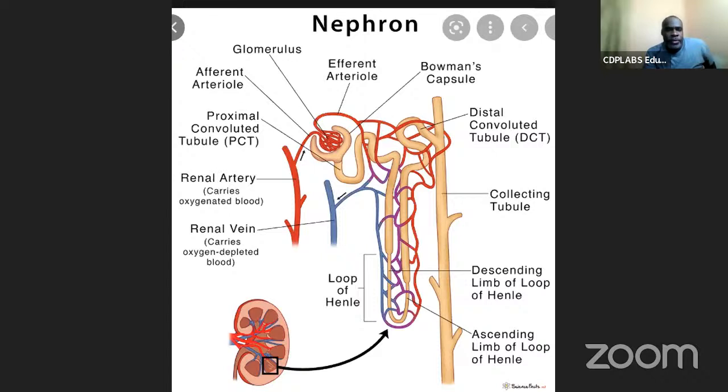So we're gonna go further. I want you to tell me what happens. Look, Google, and find the function of the glomerulus. And tell what's the function of the glomerulus. What's the function of it?